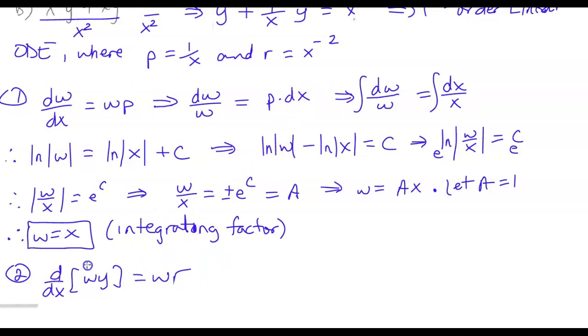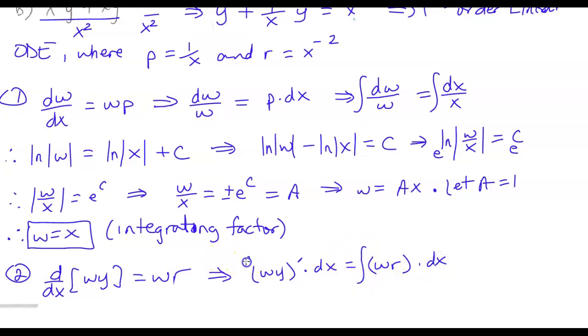And of course, we know from here, if we write everything nice and formal, this could be the same as the derivative of w and y times dx, which is equal to wr times dx.